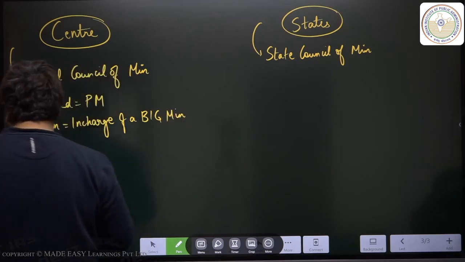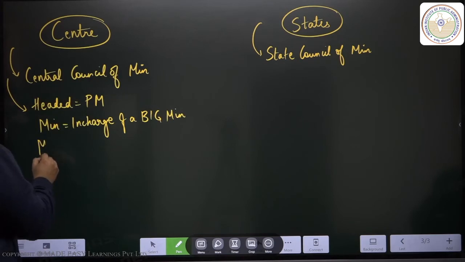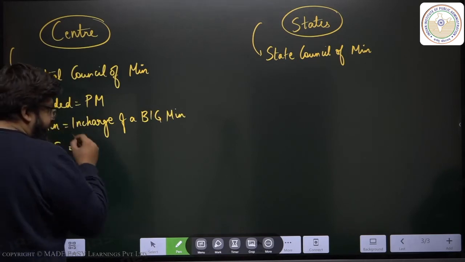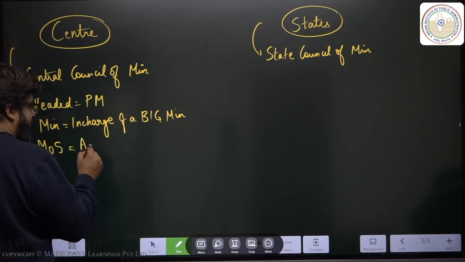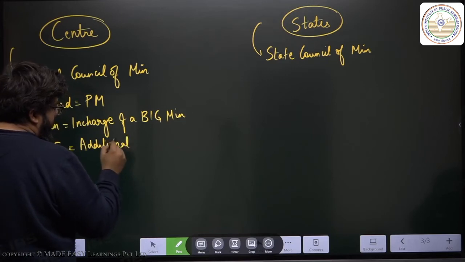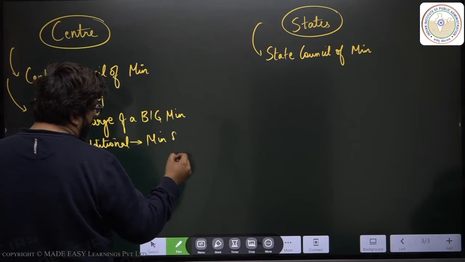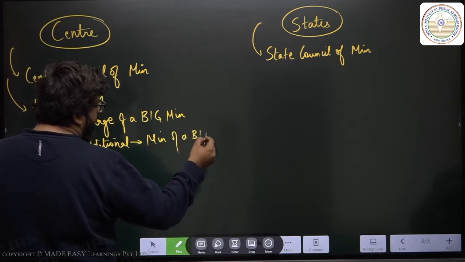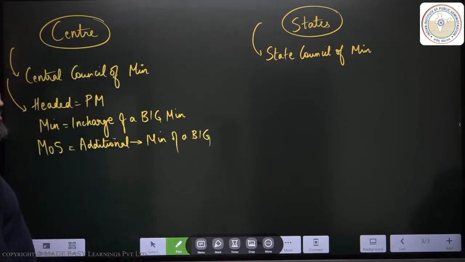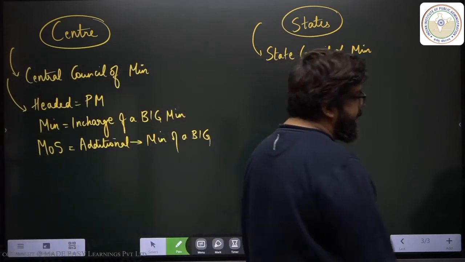Education, health, finance, home, foreign affairs, etc. Then you have a minister of state who is assisting or an additional minister to a minister of a big ministry. So you will have MOS Finance, MOS External Affairs, MOS Education, MOS Health, stuff like that.